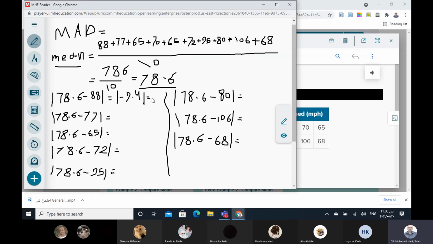So the answer will be 9.4. And here we have 78.6 minus 77. The answer will be 1.6.